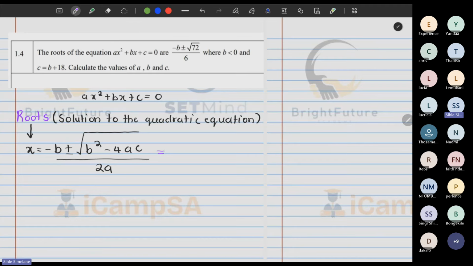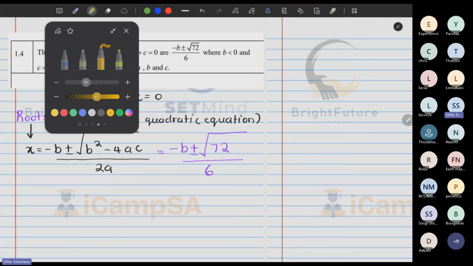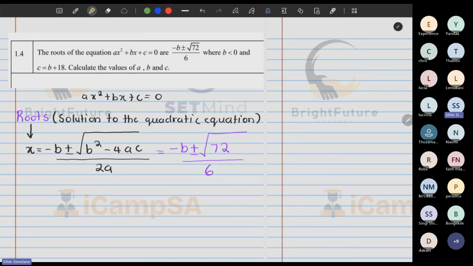So we are told that what we have is minus b plus or minus the square root of 72 divided by 6. So we need to think carefully now, like geniuses which you are. We can see that minus b and minus b, there they sit.